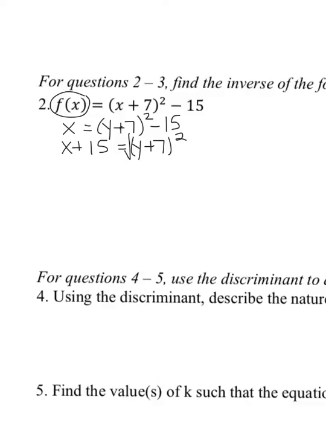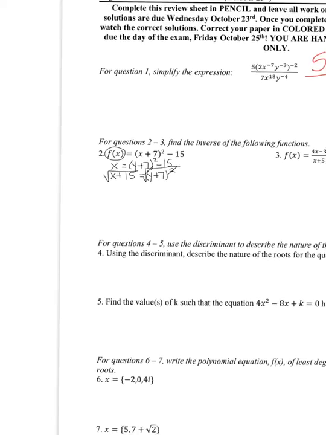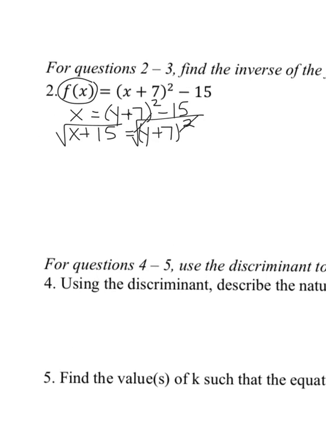So now I'm going to take the square root to get rid of that squared. Normally, I would have to write plus and minus, but because I'm looking for the inverse function, I'm not going to put the plus and minus. I know it's a little weird. So right now I have the square root of x plus 15 equals y plus 7.